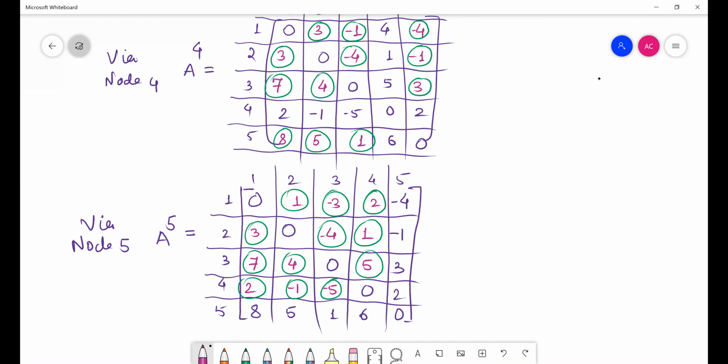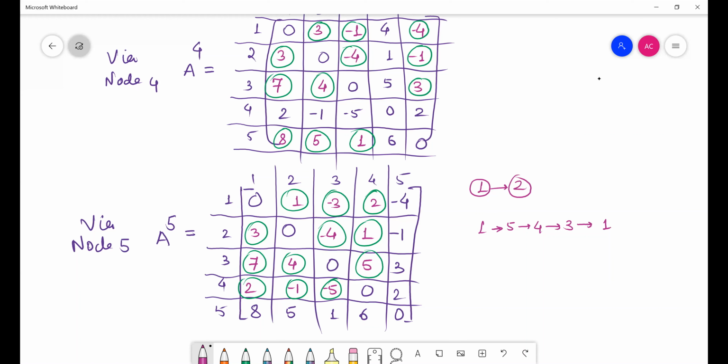Let's take a case study of 1 to 2. What is the directed edge saying? 3. Yes, sir. But if I go via 5, so 1 to 5, 5 to 4, 4 to 3, and 3 to 1.